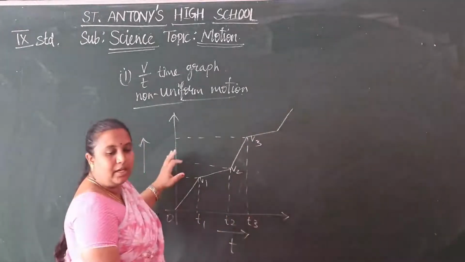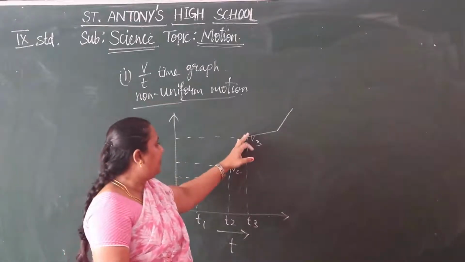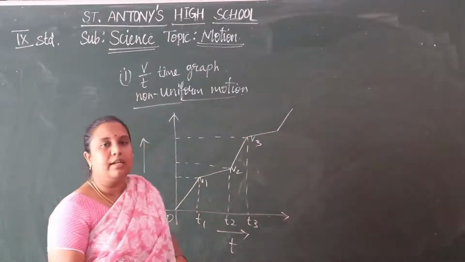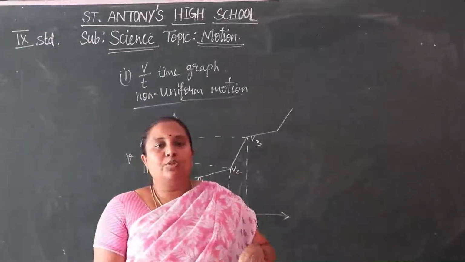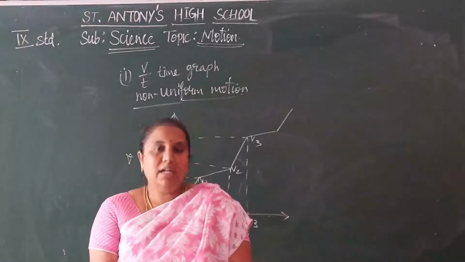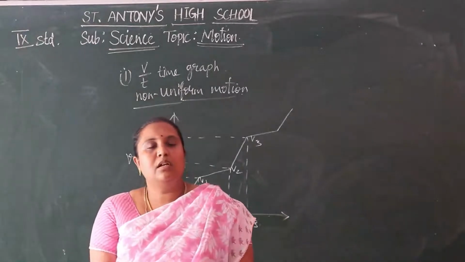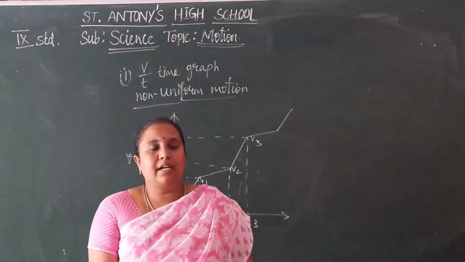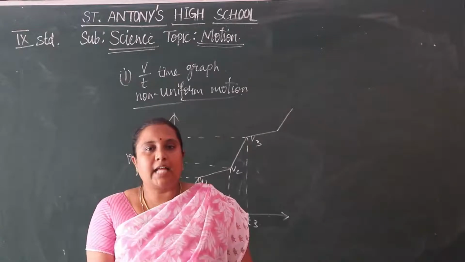For this we want to calculate the non-uniform motion in velocity. How to calculate? Total displacement by time taken.